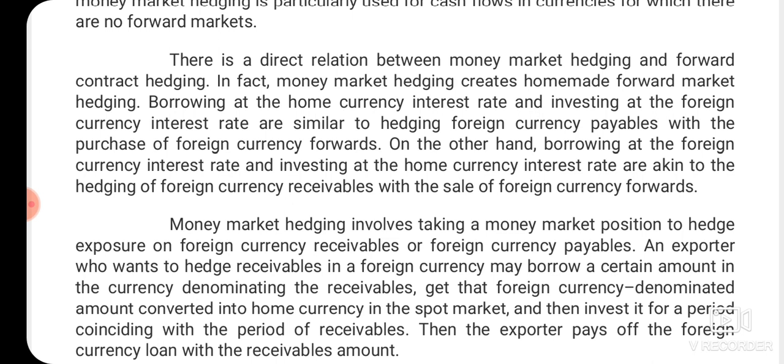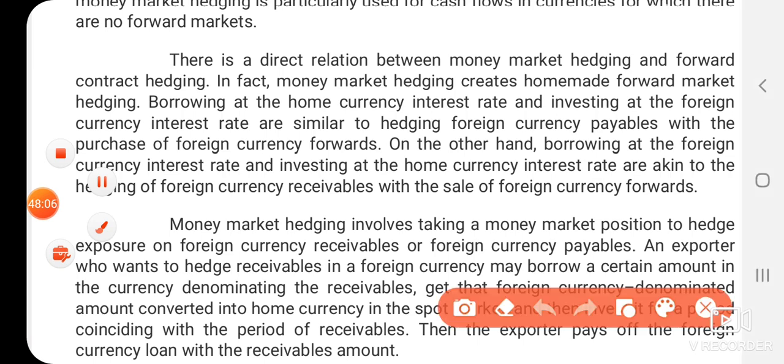Borrowing at the home currency interest rate and investing at the foreign currency interest rate is similar to hedging foreign currency payables with the purchase of foreign currency forwards. Here they are borrowing in Indian rupees and investing at the foreign currency interest rate.